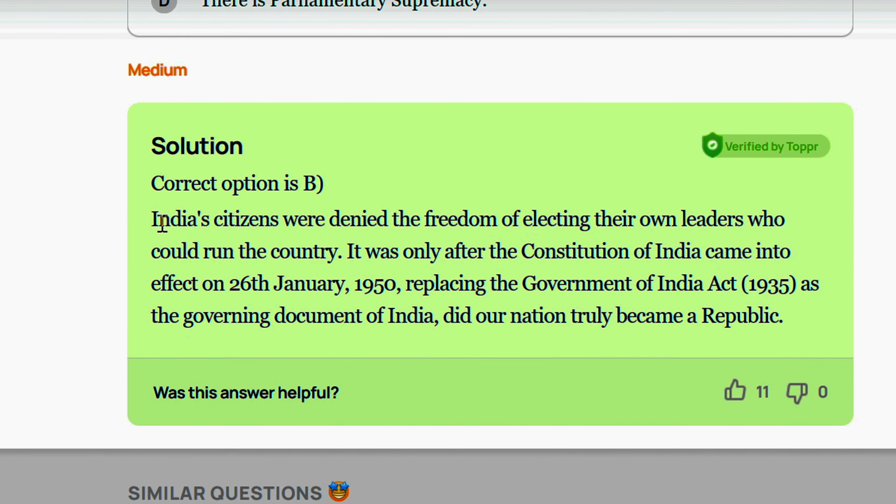Yes, solution, the correct answer is B. Indian citizens were denied the freedom of electing their own leaders who could run the country. It was only after the Constitution of India came into effect on 26 January 1950, replacing the Government of India Act 1935 as the governing document in India, that our nation truly became a republic.